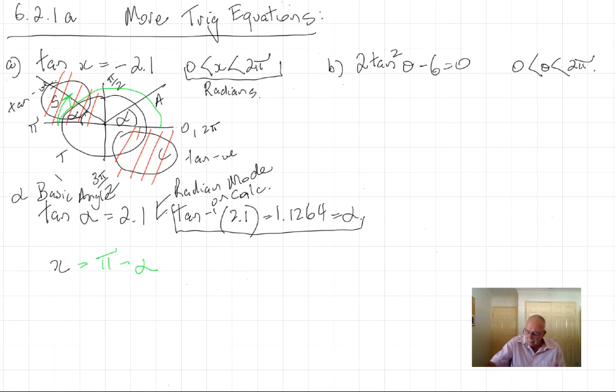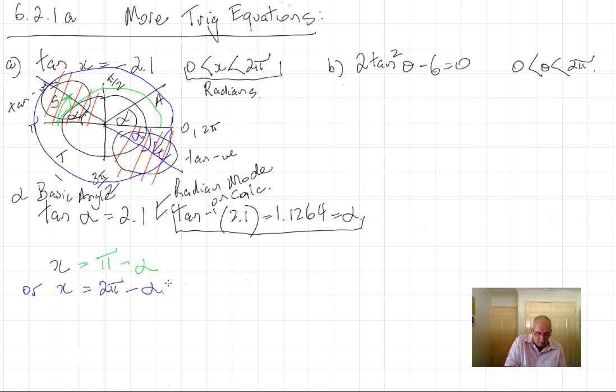Or, let's do it in another colour, it's going to be the angle down here. Now the angle down here is alpha away from the horizontal axis, so you'll go all the way down to there and come back alpha. So if you go all the way around, x is equal to 2 pi minus alpha. 2 pi minus alpha is going all the way around and then coming back alpha.